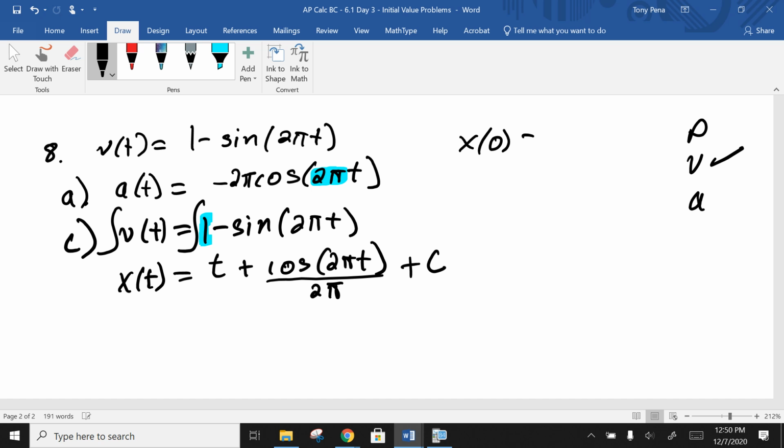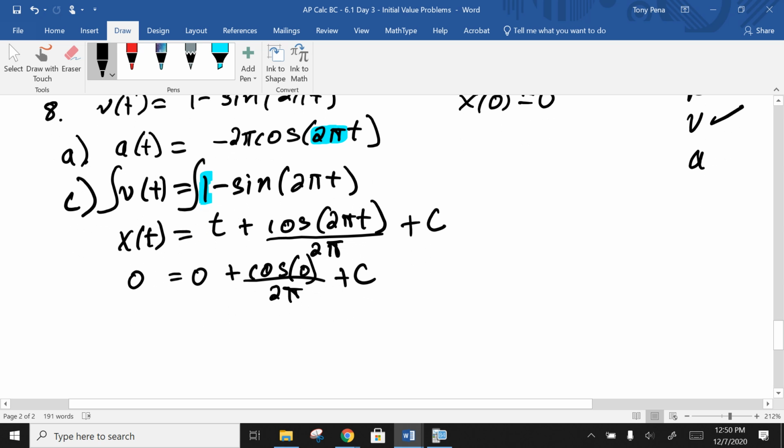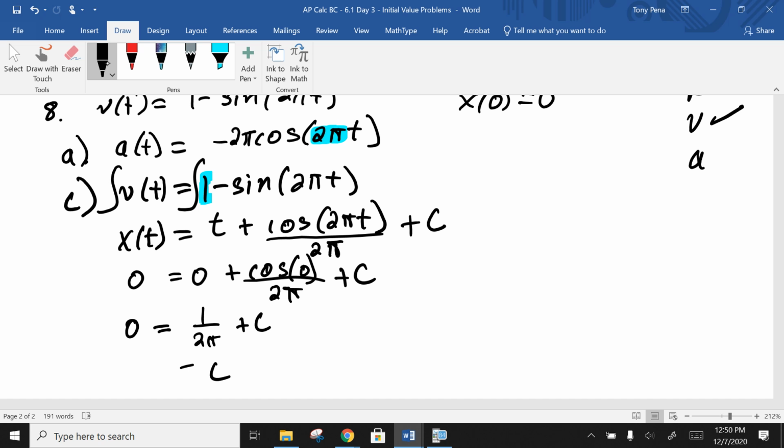So I didn't write it, but x of 0 is 0. So that's telling us our x position is 0 at the time of 0. So let every variable become 0. So that should give us on the next step 0 equals 1 over 2 pi plus your constant.